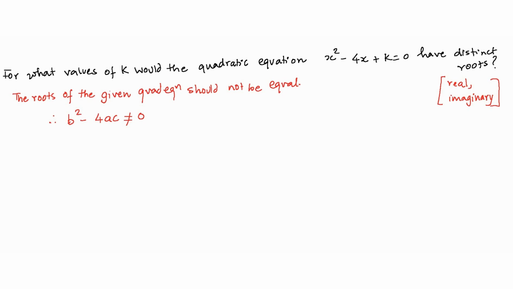Now comparing the given quadratic equation with the standard form, a is the coefficient of x square, which is 1, b is the coefficient of x, which is minus 4, and c is the constant term. So c is equal to k.